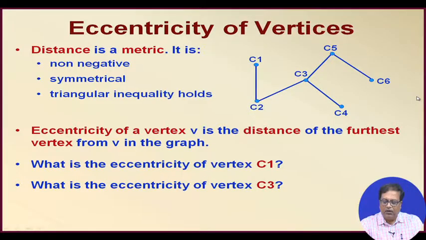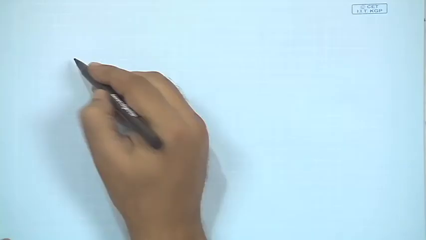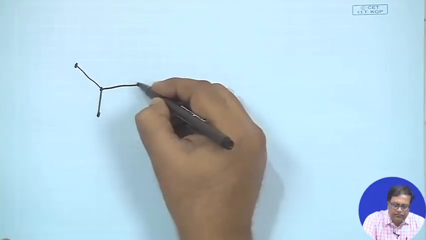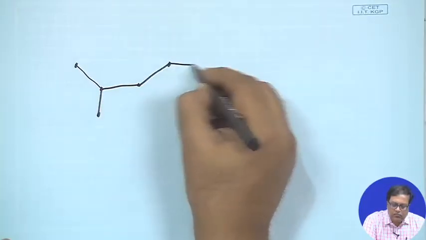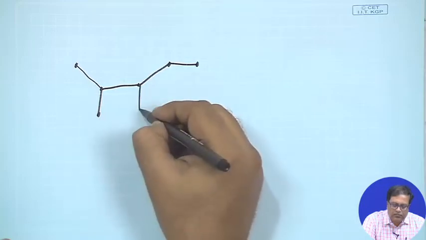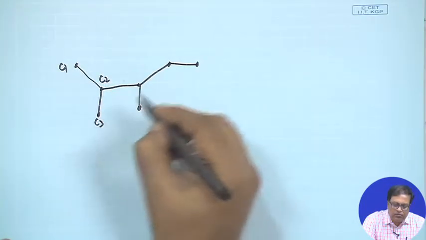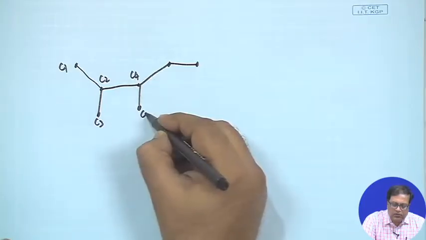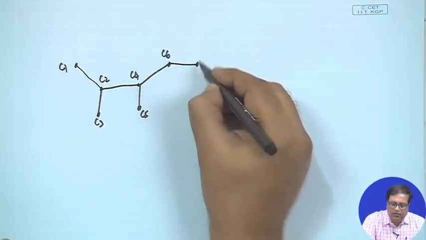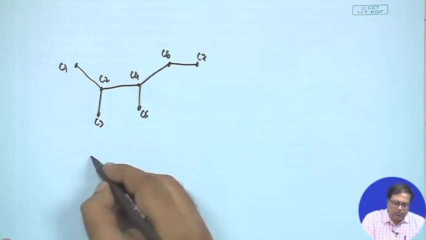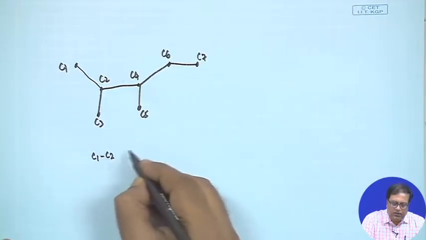So, we can work that out. Supposing we have a particular tree, let us say suppose this is a tree, say C1, C2, C3, C4, C5, C6, C7. Now, what is C1 to C2?